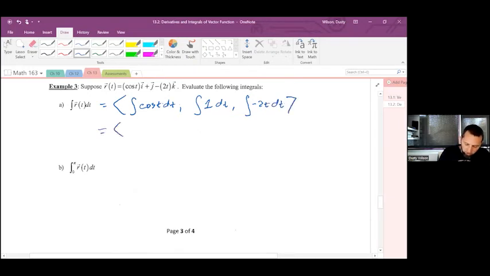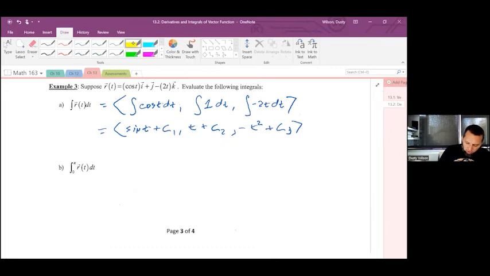So this will be sine of t plus c, comma, t plus c. And here we notice that our c's might be different. So maybe we'll call the first one c1 and the second one c2, comma, negative t squared plus c3, because this is an indefinite integral.